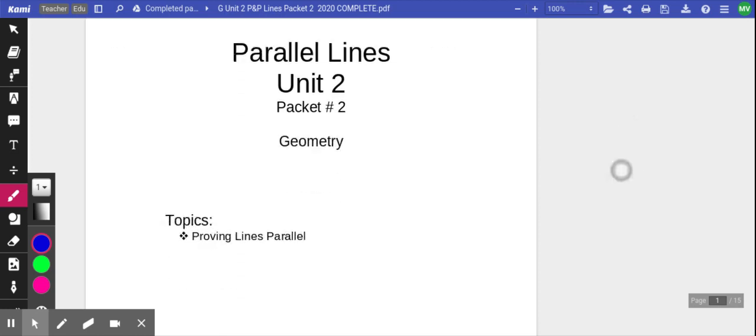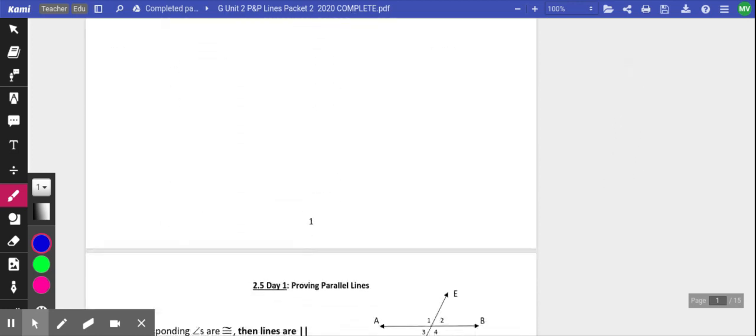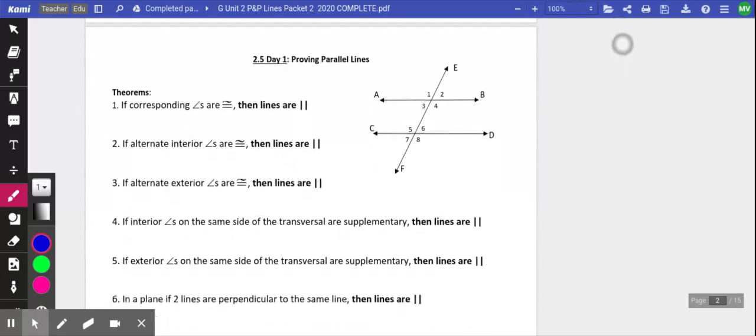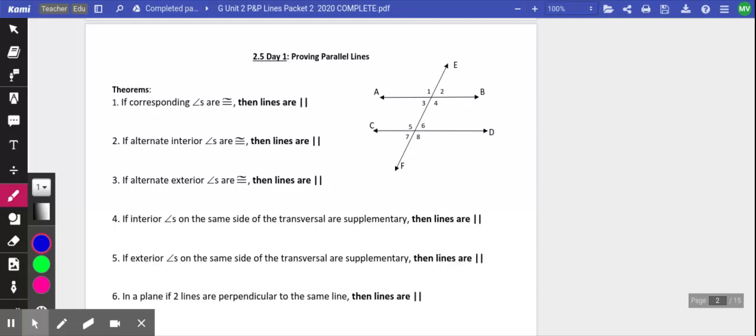So your quiz was on Part 1, and for Part 1, we talked about if lines are parallel, then the corresponding angles are congruent, the alternate interior angles are congruent, alternate exterior angles are congruent. In this section, we're going to flip those.